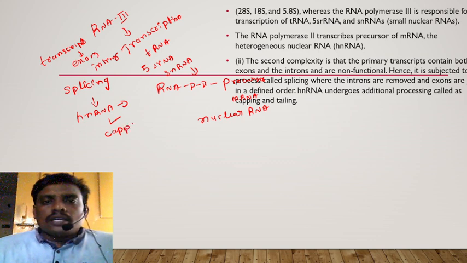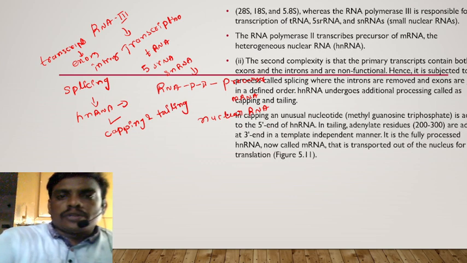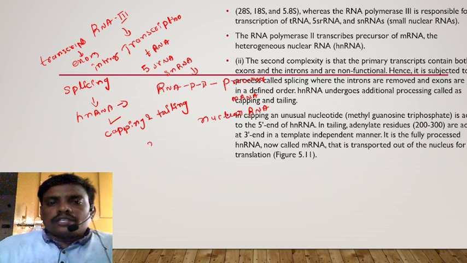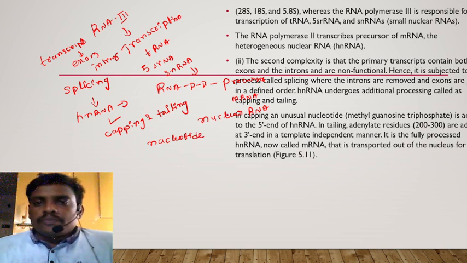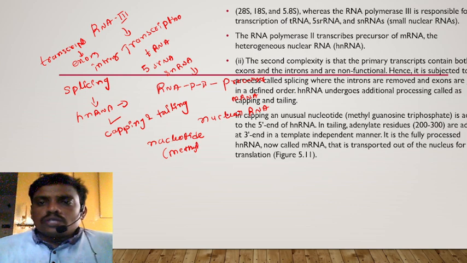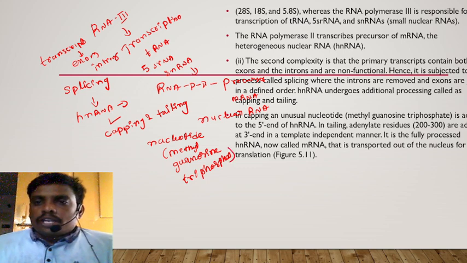During capping and tailing, what happens? In capping, an unusual nucleotide, methyl guanosine triphosphate, is added to the 5' end of the hnRNA.